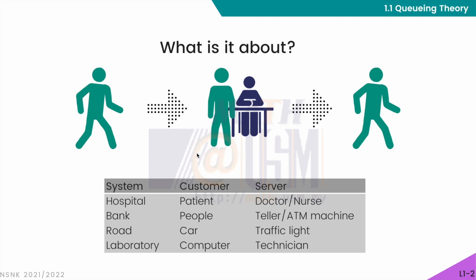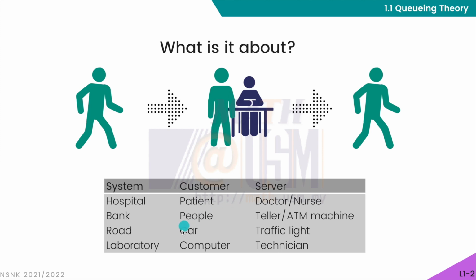Another simple example would be when we go to the supermarket to buy our daily necessities. We have to wait when we want to pay for our items. The server would be the cashier at the checkout counter, we are the customer, and the system is the supermarket.